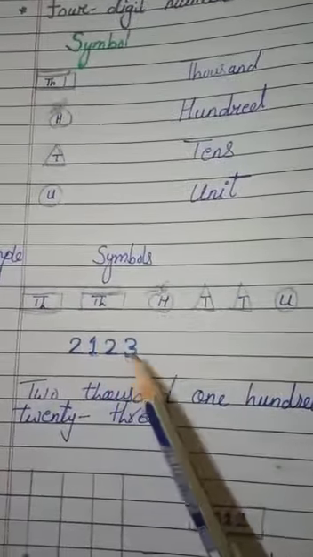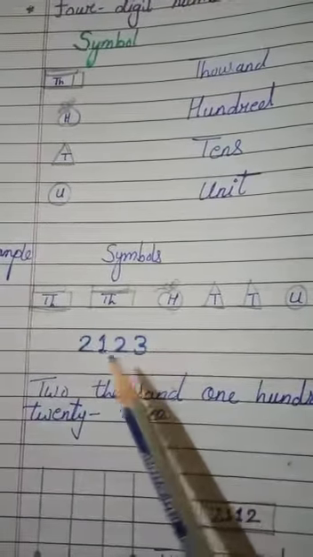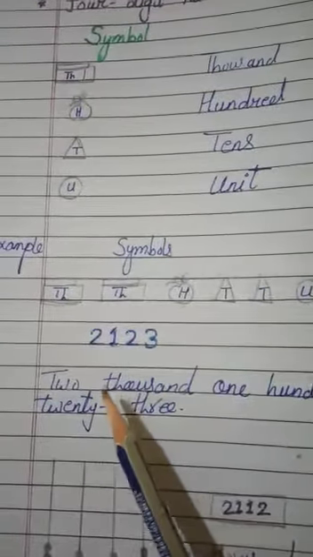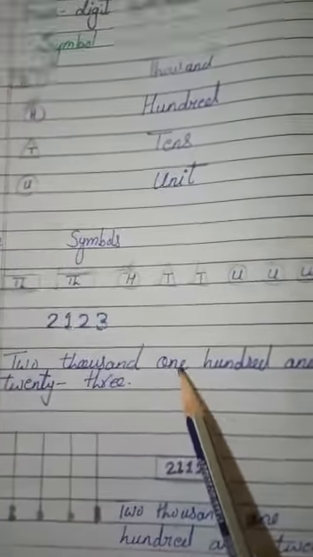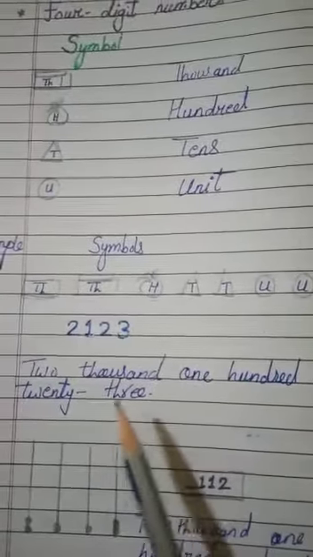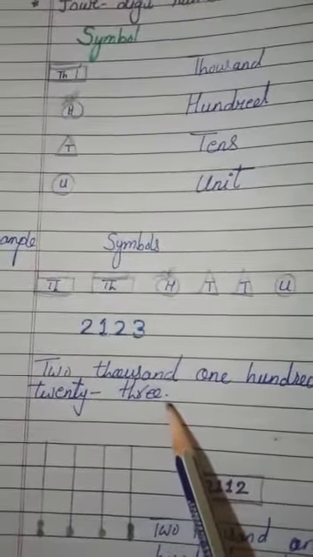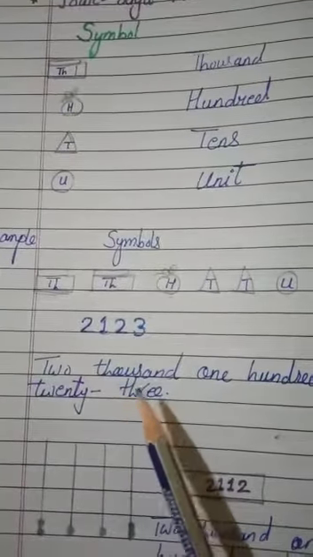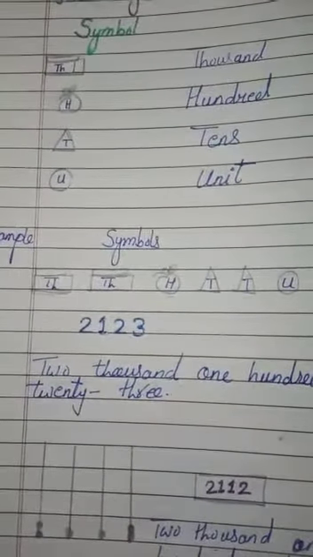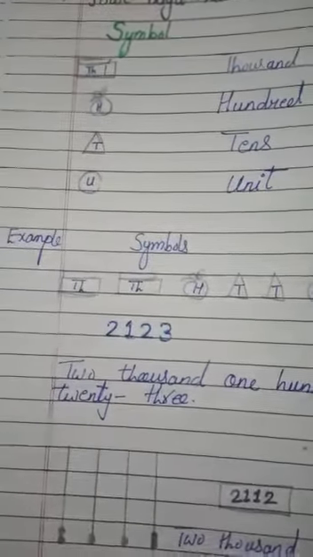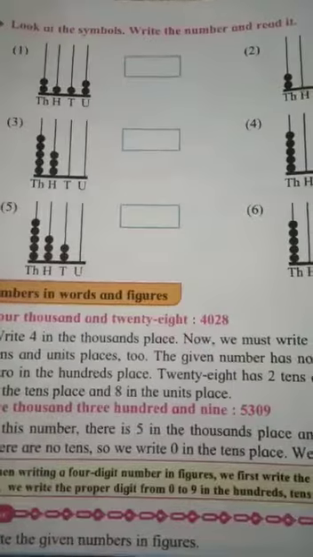So the number form is 2123, and it is read as 2123. Got all of you? Now come to the next.